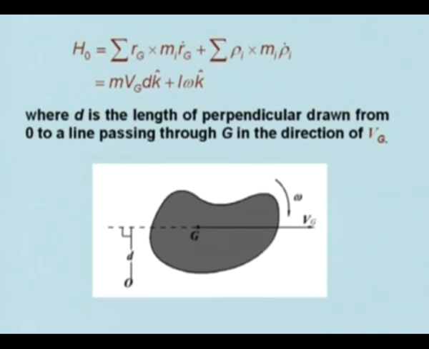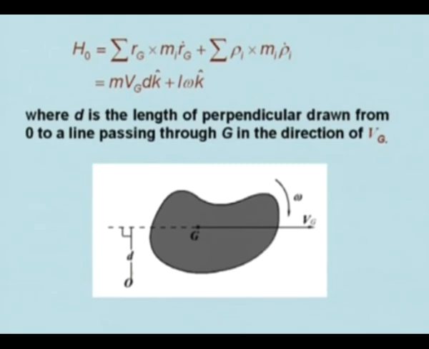HO is equal to sigma Rg cross Mi R dot G plus sigma rho I cross Mi rho dot I, and this will be equal to M Vg d k. We can write how this comes. R dot G is Vg, and this is the cross product of Rg into Vg.